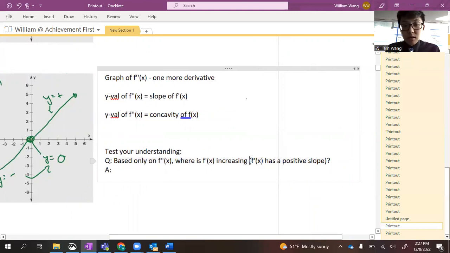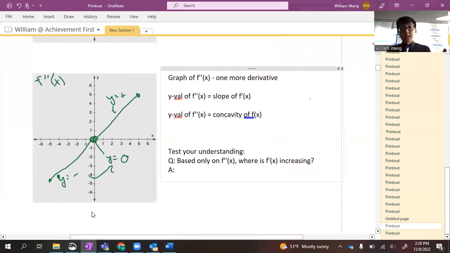So you can let the video run because I'm going to give you a moment to think about that. Where does f prime of x have a positive slope? Where is it increasing? I'm going to give some context before I answer.